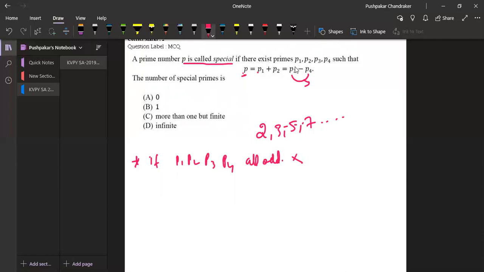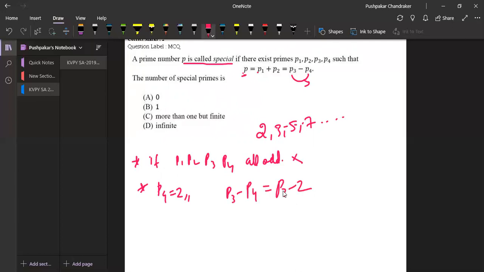It means definitely some of them have to be even. So let us assume here, out of P2, P3 and P4, P4 is smaller than P3. So P4 must be even. So P4 is 2, the even prime number. Now P3 minus P4 will become P3 minus 2.